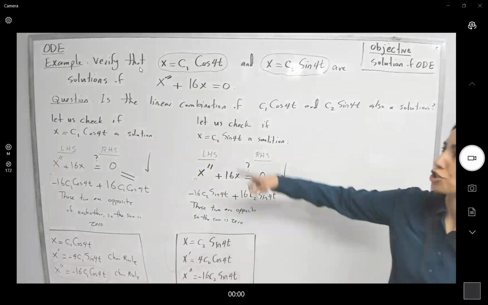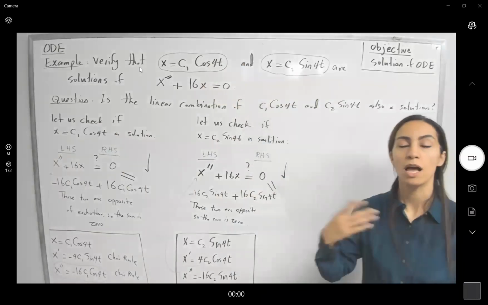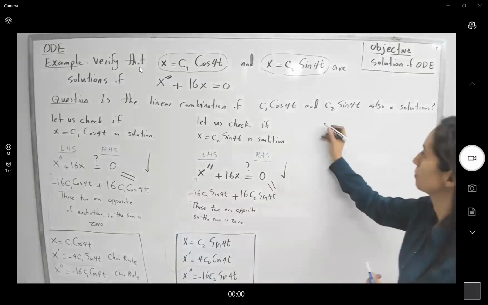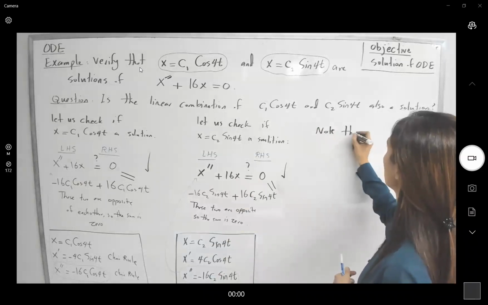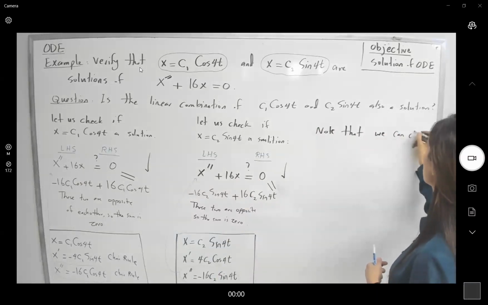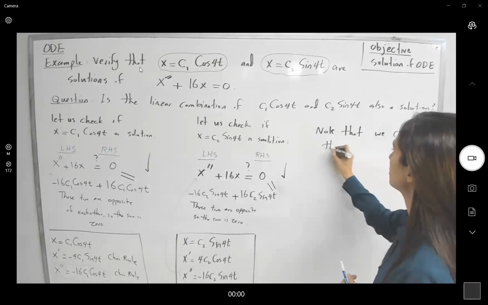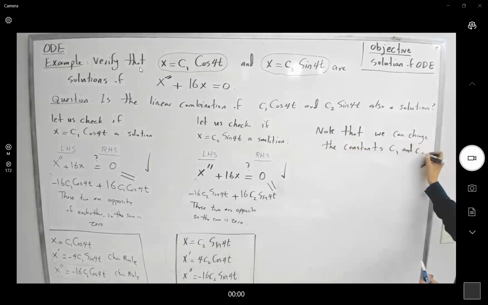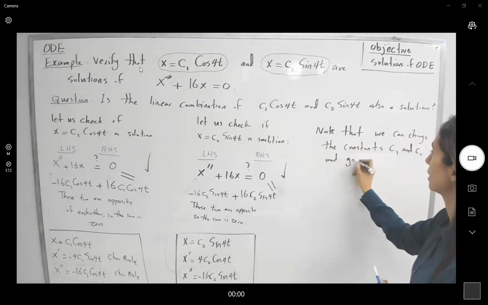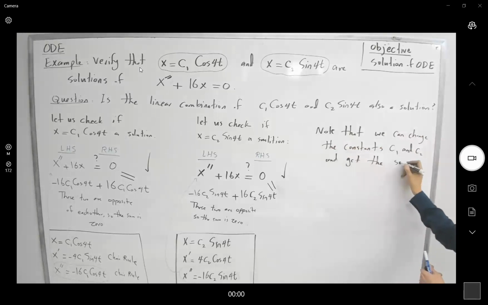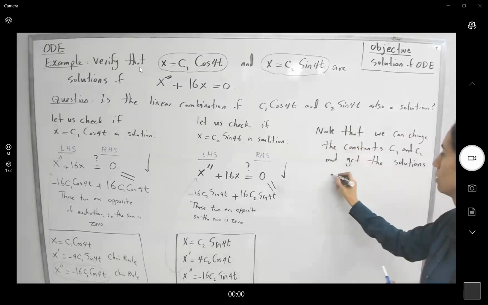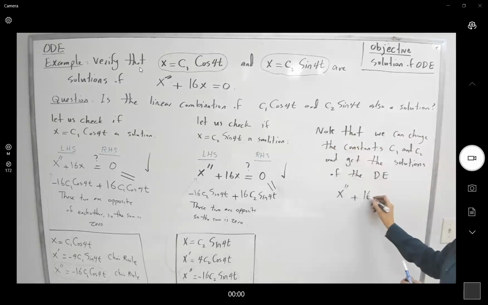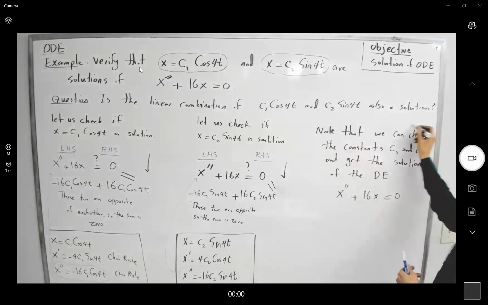Note that you can change c1, you can change c2, and you can get a family of solutions. Note that we can change the constants c sub 1 and c sub 2 and get other solutions of the differential equation, the second derivative of x plus 16x equals 0.